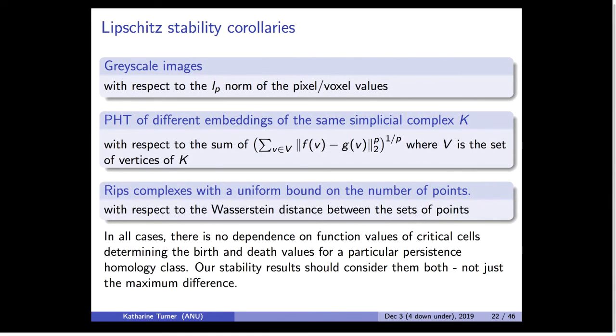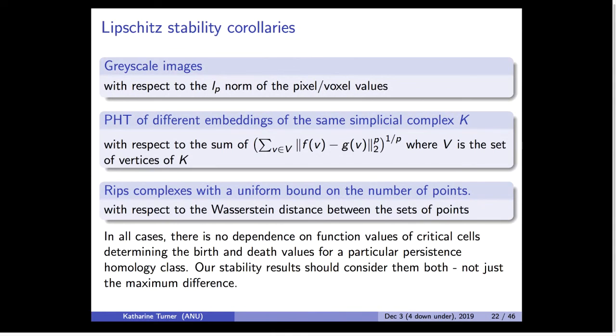I think that's an interesting area. You want to say that the distance between the persistence diagrams for the Rips complex is bounded by, I think, 12 times the distance between the point clouds in a p-Wasserstein sense, whenever you're looking at H1 in R2 or something.